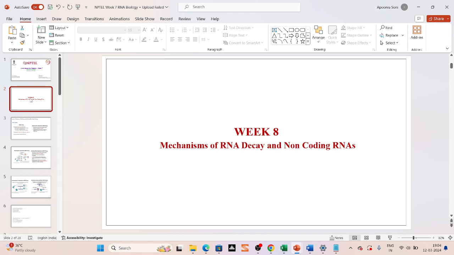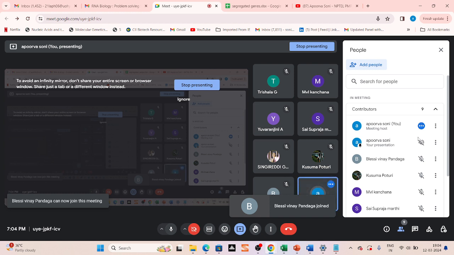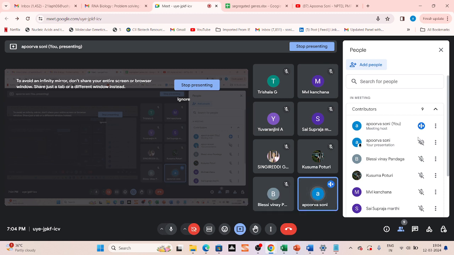Okay, so that means in order to control the transcription process, in order to control the rate of mutation so that the mutation rate is very low, our cells have devised a mechanism just like it happens in DNA replication, that when our DNA is moved from one cell cycle to another cell cycle, there are checkpoints, okay, and those checkpoints have to be passed, only then that DNA is replicated and it can be divided.